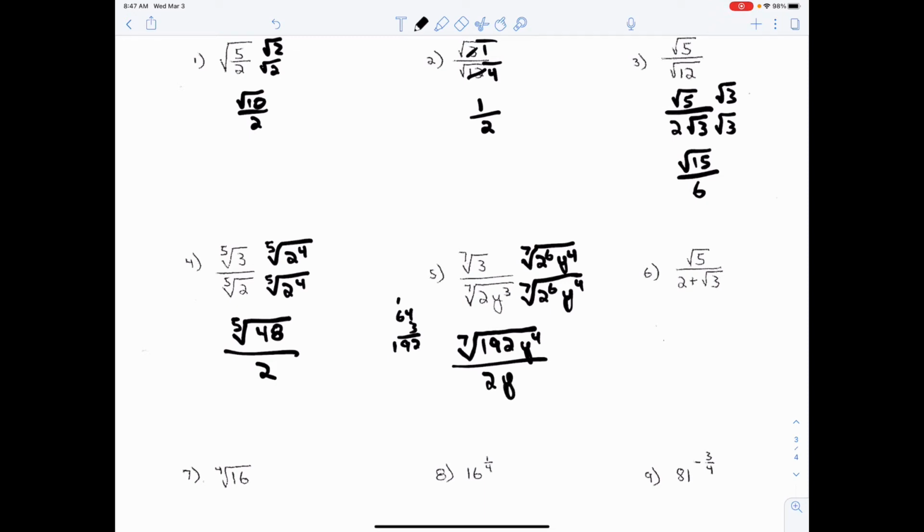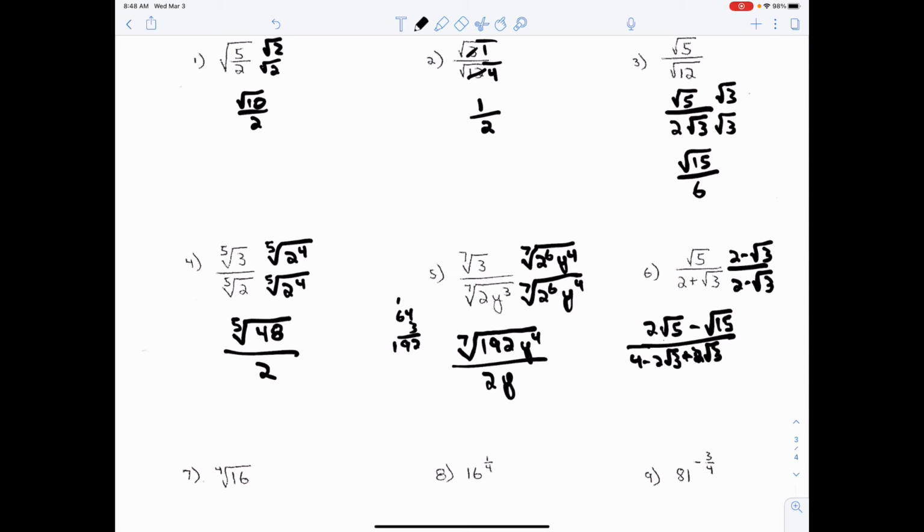Okay, again, to remind you here, you're going to multiply by the conjugate, which is 2 minus square root of 3 over 2 minus square root of 3. So we get 2 square root of 5 minus square root of 15 all over 4. And remember, the middle term cancels here, so we get minus 2 square root of 3 plus 2 square root of 3, which is going to cancel.